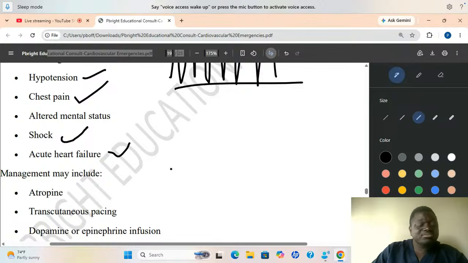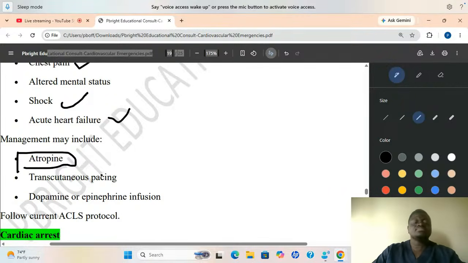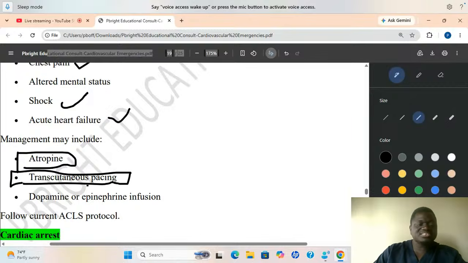The first attempt is what? Connect the monitors, constant monitoring, observe the EKGs. Do your 12 lead EKG. Medication wise, atropine. Then the pacing, transcutaneous pacing.